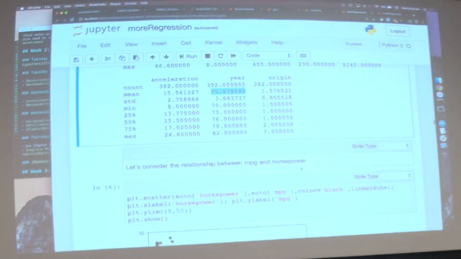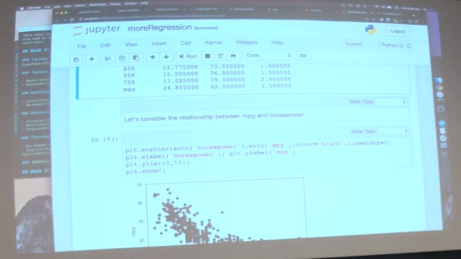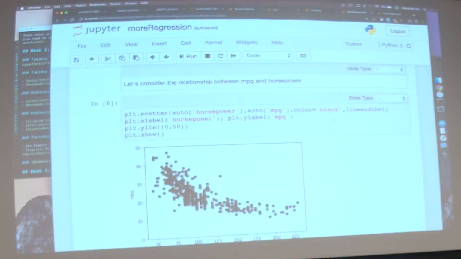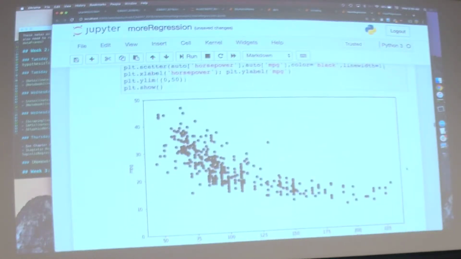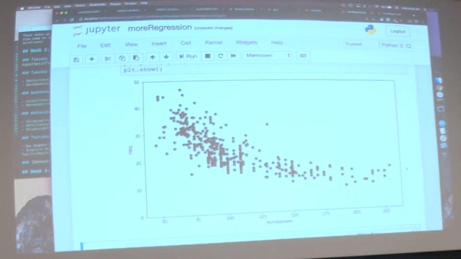In any case, we're trying to look at this data. One thing we might be interested in is power efficiency trade-offs, so horsepower versus miles per gallon. We have a plot of that here. Does it seem like there's a relationship between these 2 variables that might be worth modeling?